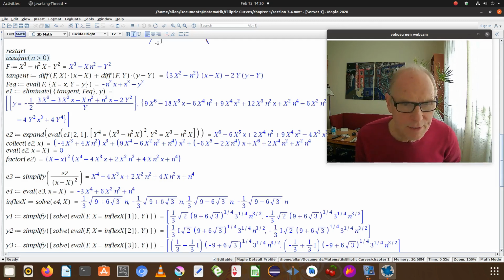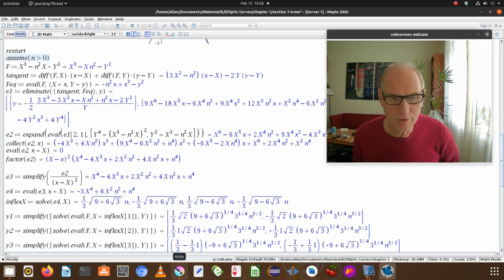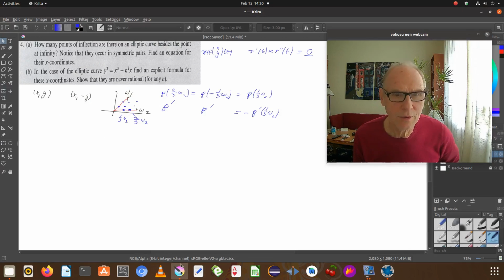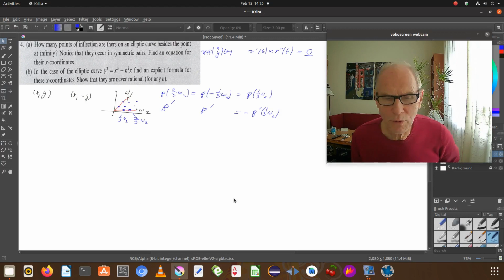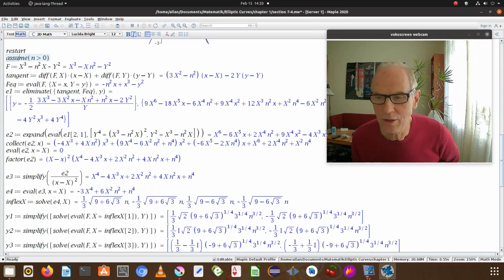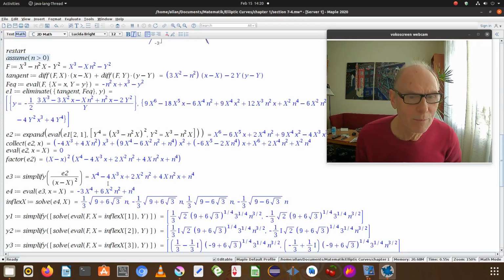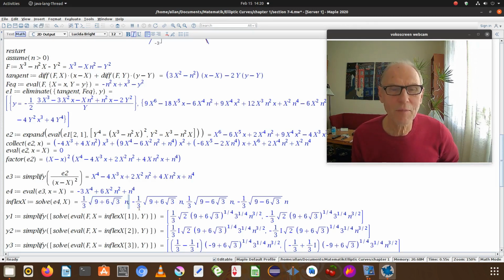So I guess this is really the answer. Then we need to show that they are never rational for any n. But that doesn't really scare us, because this is clearly irrational. So whatever we multiply it with an integer, it remains irrational. And so do the others.